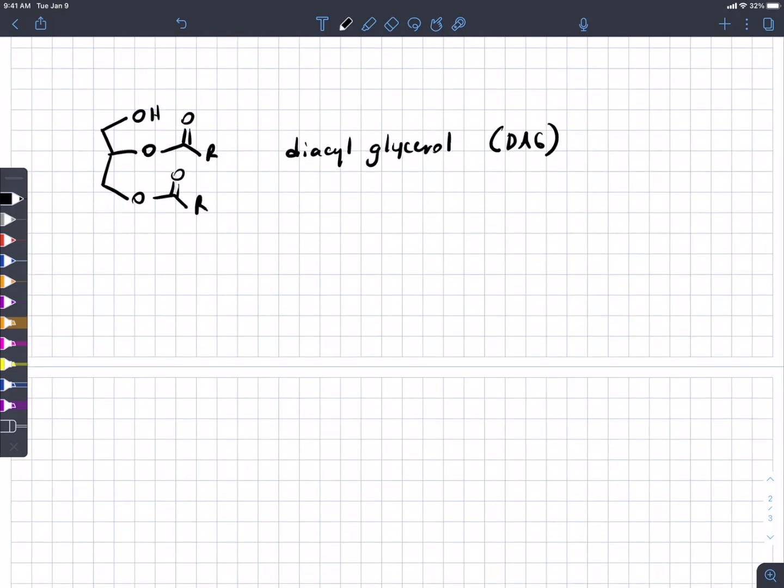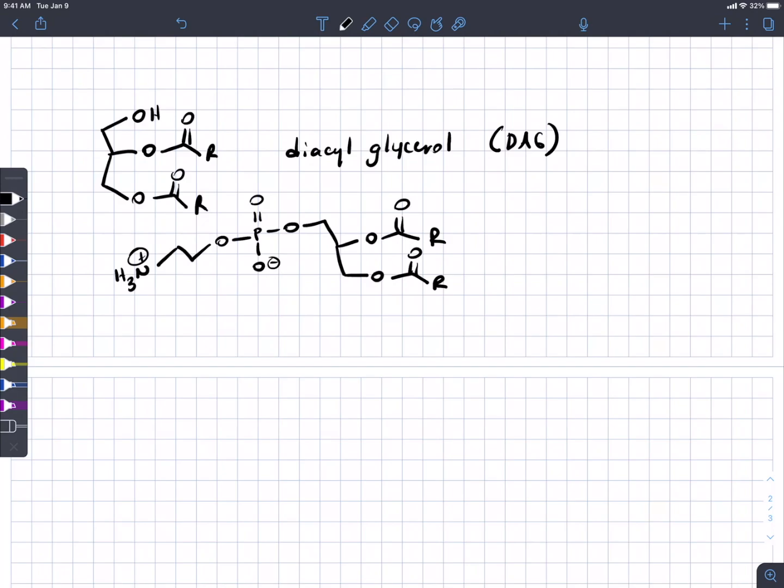But interestingly, nature can take these diacylglycerols with the long fatty acid tails, and it can modify the remaining oxygen in a phosphoester or a phosphodiester with some other kind of polar group. So what I've drawn here would be something like phosphatidylcholine, which is a component of membranes.